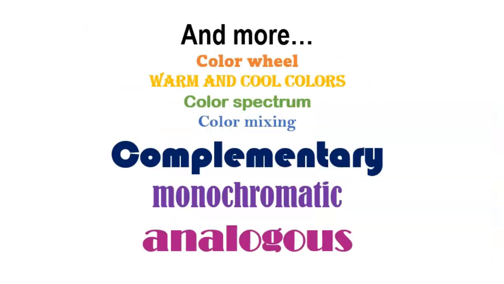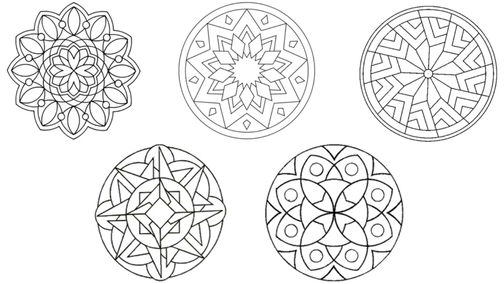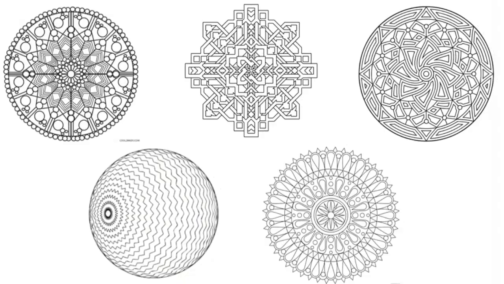Now, for the older kids who are doing complementary, monochromatic, or analogous, I don't really have games, but what I do have is exercises. I always have them do a little worksheet, a little exercise to show me that they understand the concepts. And so what I have is just really easy geometric coloring. Everybody loves to color.